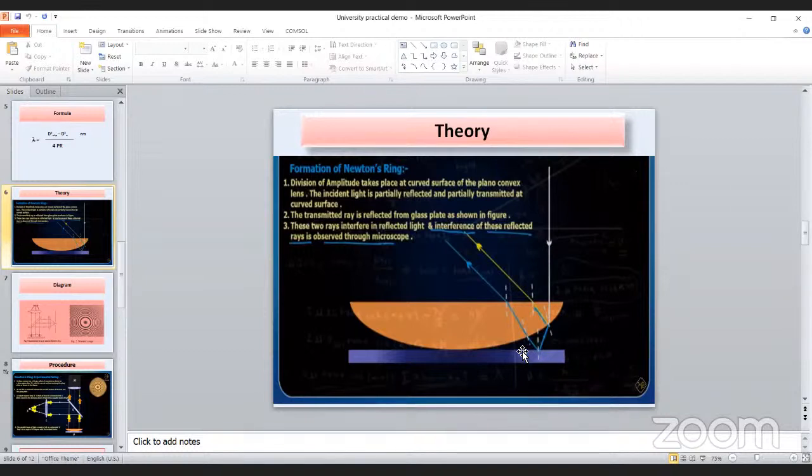Here we see the incident ray is partially transmitted and partially reflected at the curved surface, and then the transmitted ray is reflected from the glass plate. So these two rays interfere in reflected light, and the interference of these reflected rays is observed through a microscope.